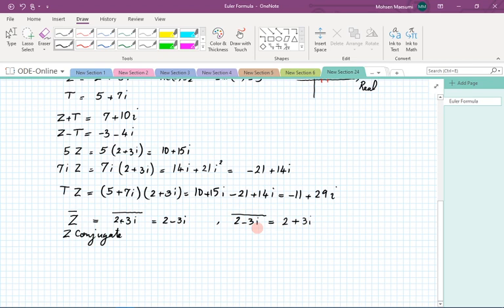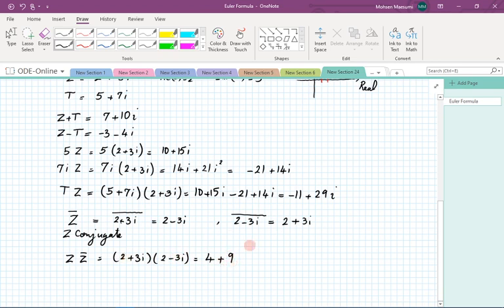What is the claim to fame of the conjugate? It shows itself in the idea of multiplication. So if I have 2 plus 3i and multiply by its conjugate, which was 2 minus 3i, one of the basic identities of elementary algebra shows up here. When you do the FOILing, 2 times 2 is a 4, no problem there. 3i times minus 3i, 3 times minus 3 is minus 9, i squared is minus 1 also, that becomes plus 9.